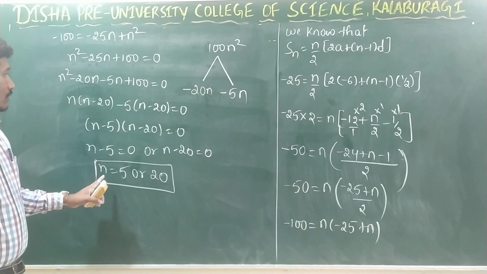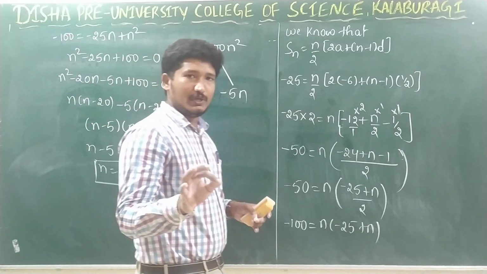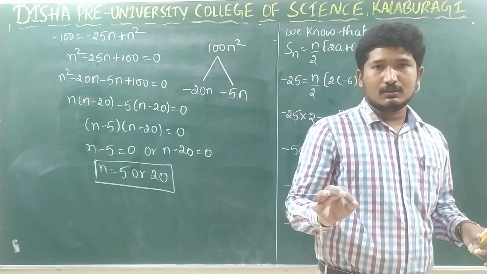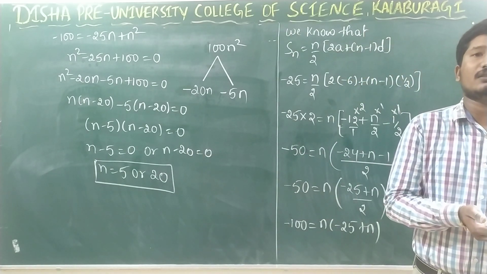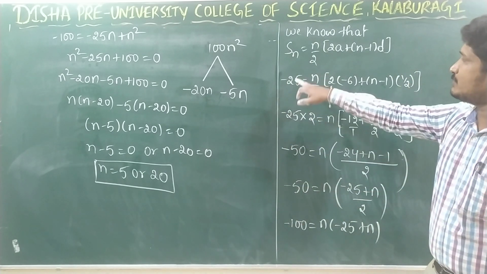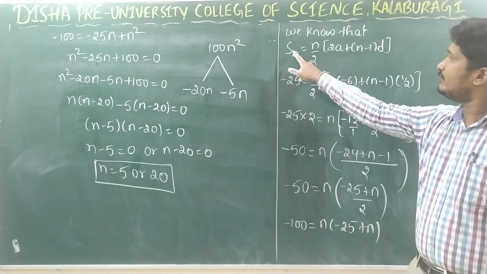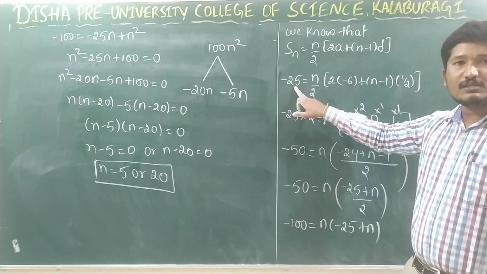Right? So I hope you understood this. So what we have done here, we were given an AP. Right? What we wanted to find? We wanted to find how many number of terms are there in an AP, so that when you add all those, your sum must be minus 25. So we have used the Sn formula. Right? We are given Sn.